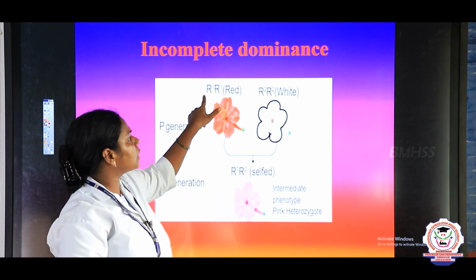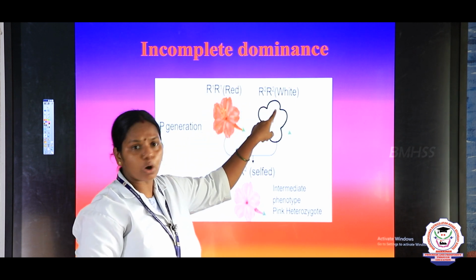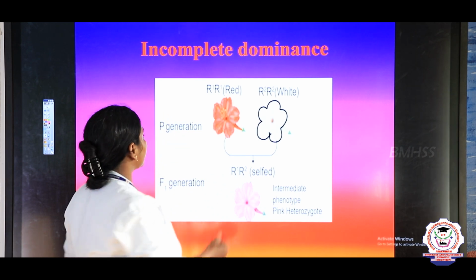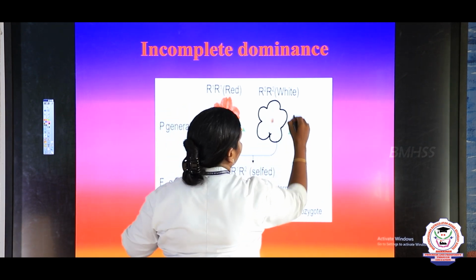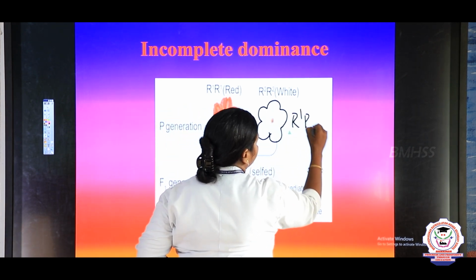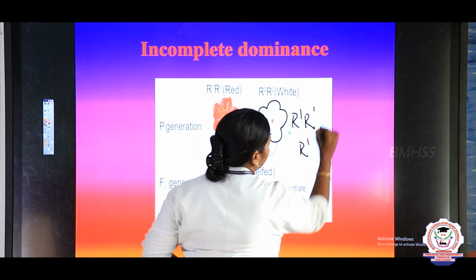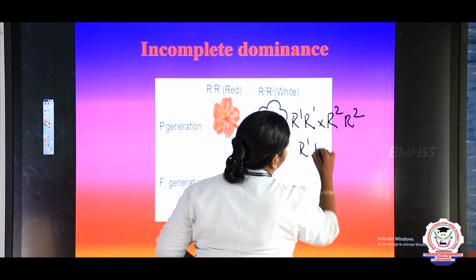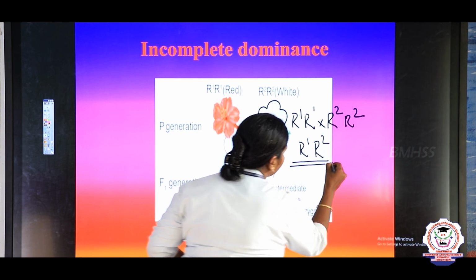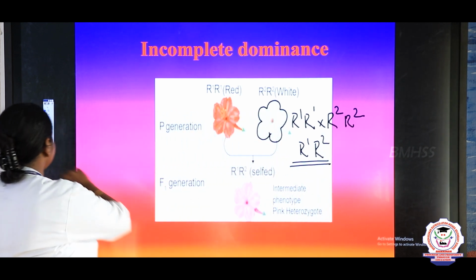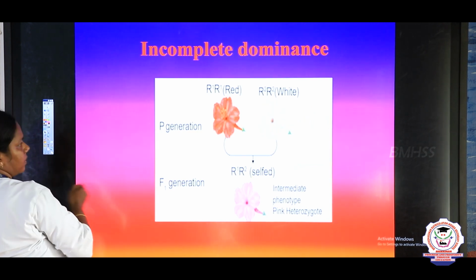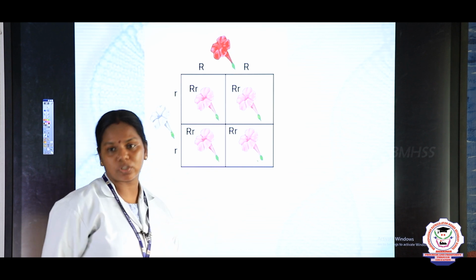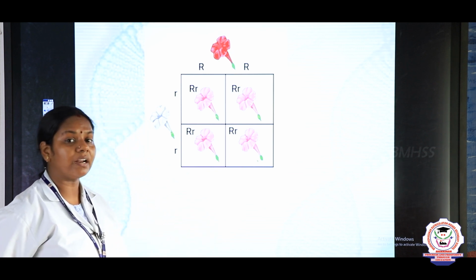So R1R1 crossed with R2R2, we will be getting R1R2. When the gametes were selfed, from R1 we get R1, and from R2 we get R2. So this results in the pink color flowers. And now we are going to see the Punnett square when the F1 hybrids were crossed.